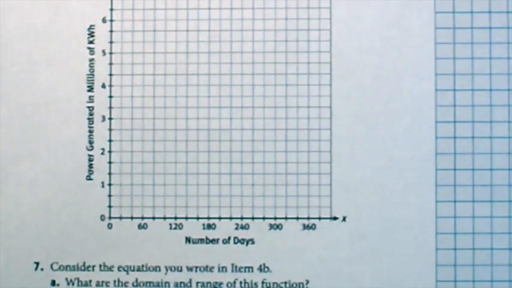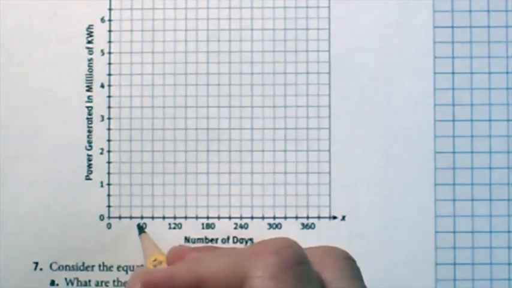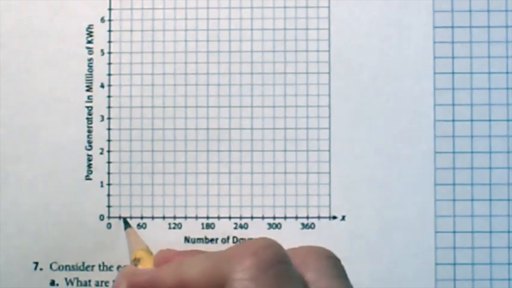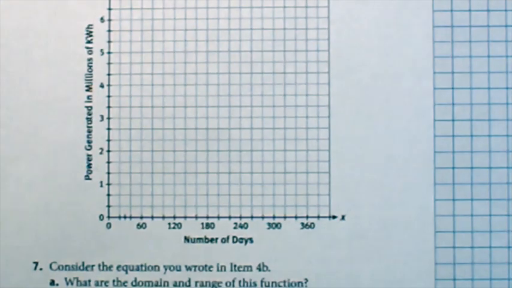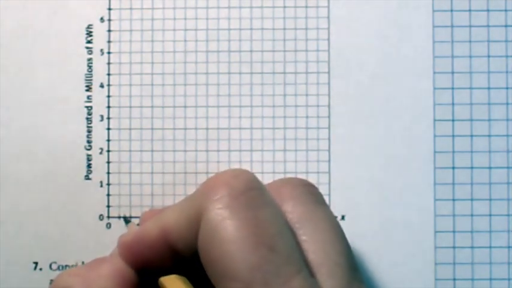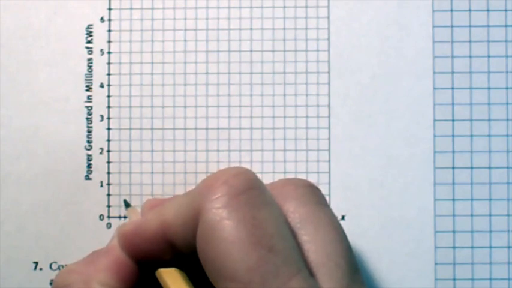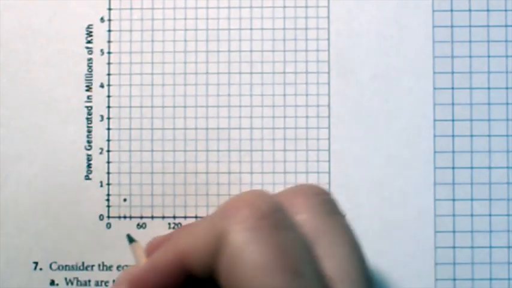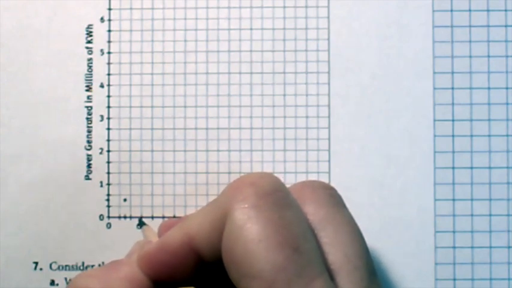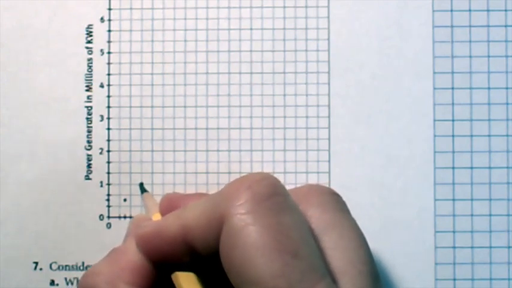So let's do that. So for 30 days is going to be halfway between 0 and 60. Why did they count by threes? I don't know. But halfway is right there. So 30 days for the input, and then half is going to be about there, right? Halfway from 0 and 100. For 60 days, we're at 1.0, so that's a nice one to graph.